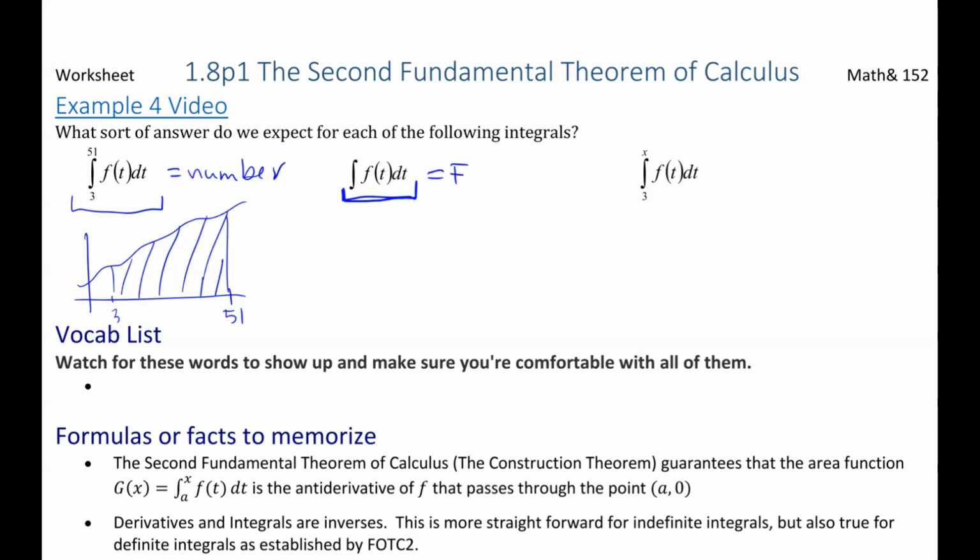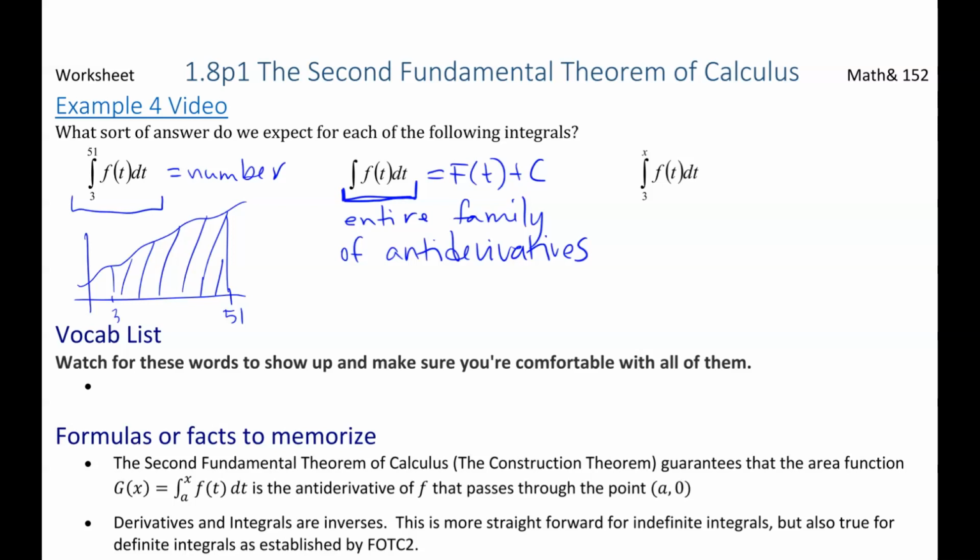So it gives you a big F of t plus c, and this is the entire family of antiderivatives. So it's not just a single function, it's all the functions, that plus c differentiating between different ones, all the antiderivatives of little f of t.